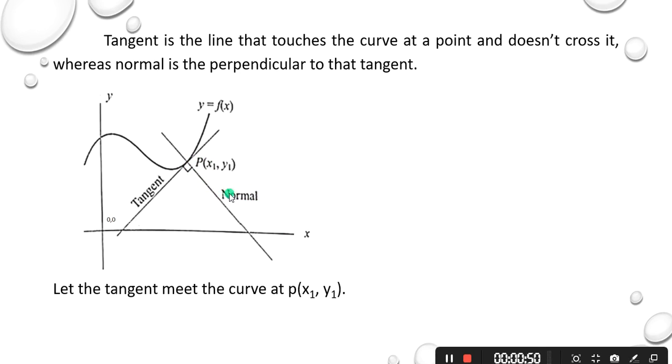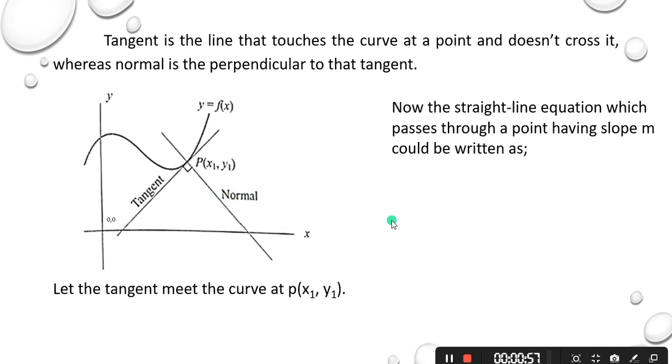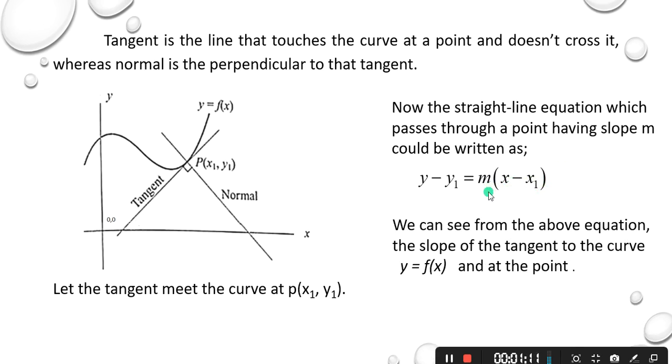Let the tangent meet the curve at P, (x sub 1, y sub 1). Now the straight line equation which passes through a point and has slope m can be written as y minus y1 equals m times x minus x sub 1. This m is sometimes called the gradient, and this is the slope.